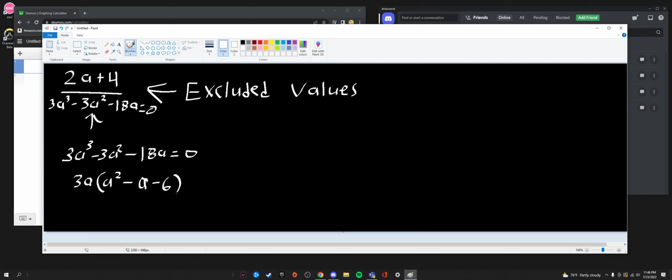By factoring out the 3a here, we can check: 3a times a squared is just 3a cubed, 3a times a is 3a squared, and 3a times 6 is 18a.